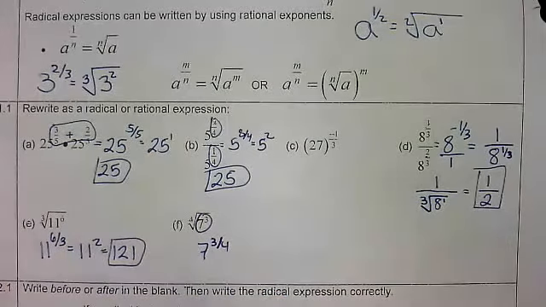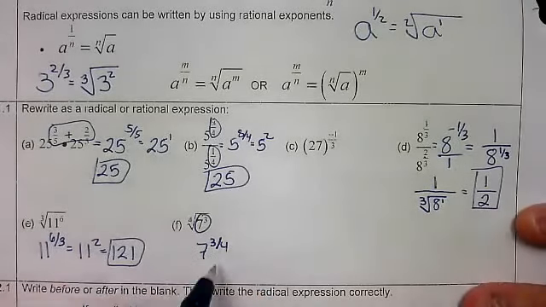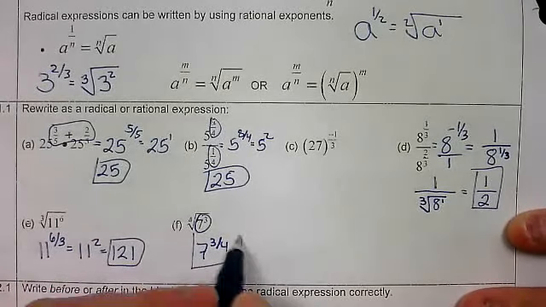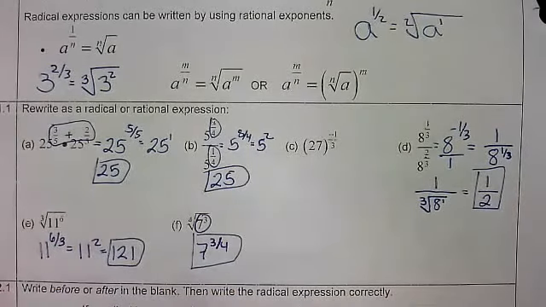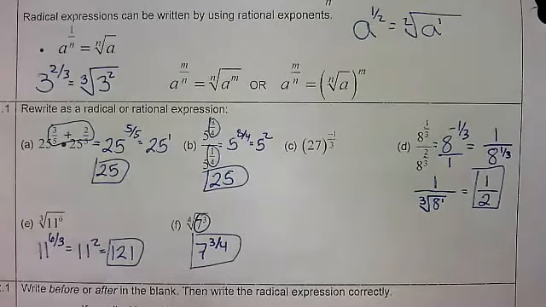That exponent just becomes a division, and there's nothing that we can do there. Well, we could, but we're not going to simplify that further. We could actually take it to 7 to the 3rd power and then take the 4th root of that. All right, so that is all for your 2.1 notes.